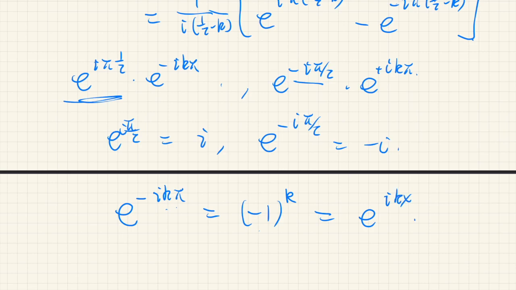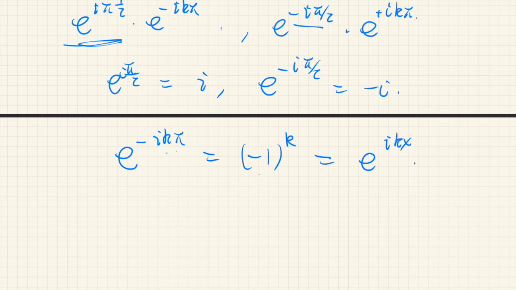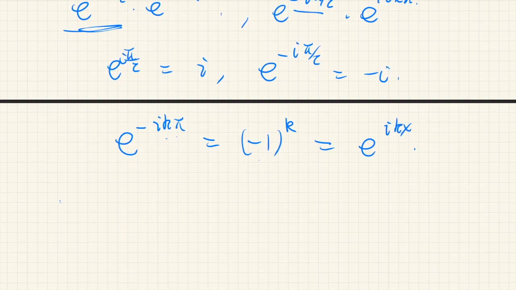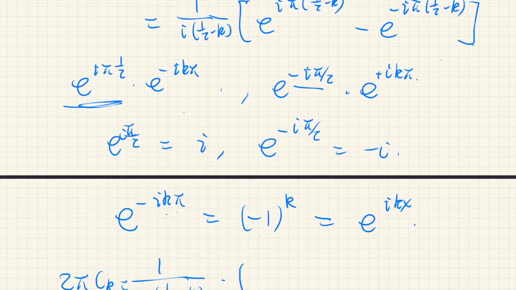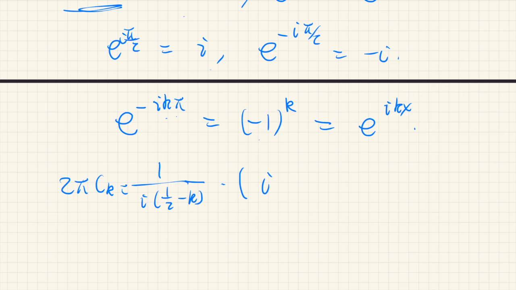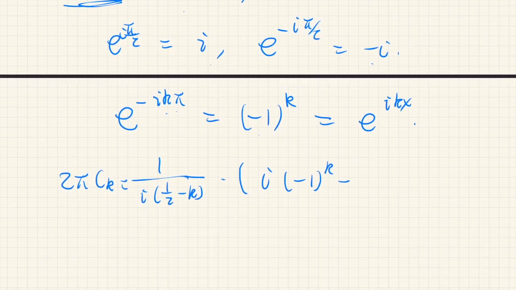So substitute these values into here. We have 2 pi ck equal to 1 over i, 1 over 2 minus k. And let's see, i, and this minus and negative i.